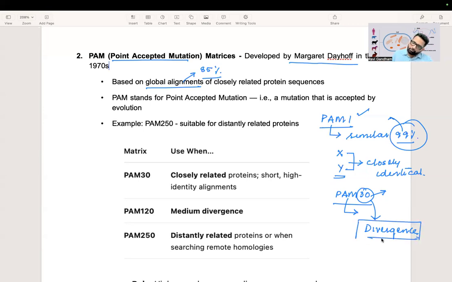For a higher PAM, it means that you are calculating the probabilities with divergent sequences in the background. So ultimately, you expect that these higher PAM values calculated for the substitution matrix can best be used to compare X and Y if they are not as closely related as they were for PAM 1.